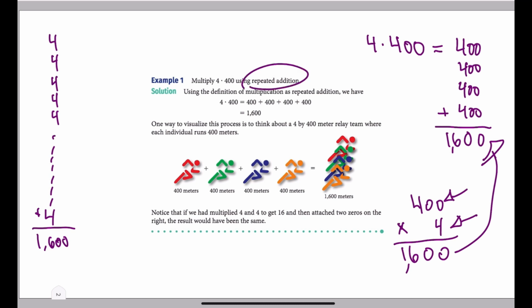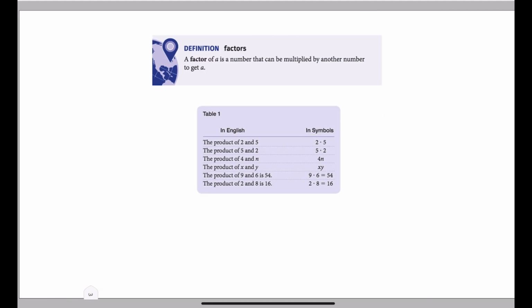What we're going to do now is look at how to do that when maybe the numbers aren't quite so nice. So let's define a couple of terms. The big new term that we have is factor. A factor is one of the numbers that's used to multiply by another number, another factor.